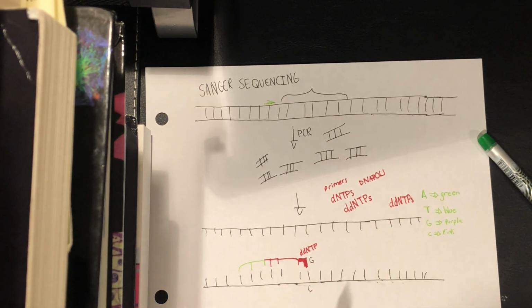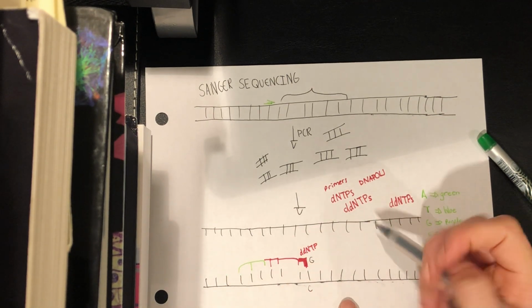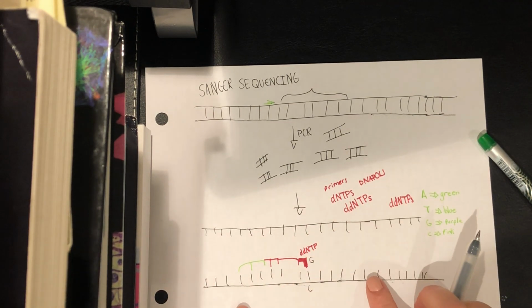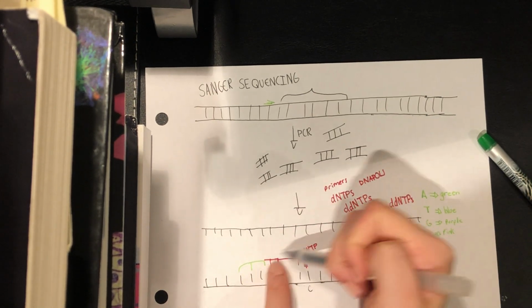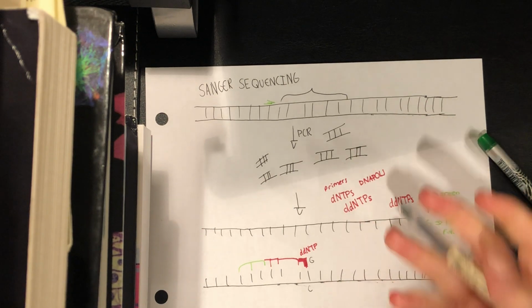If it was on the second nucleotide, then it's going to be 2 nucleotides long. But it could also put it 10 nucleotides from this primer. And so you're going to have a 10 nucleotide long fragment of newly synthesized DNA, right?